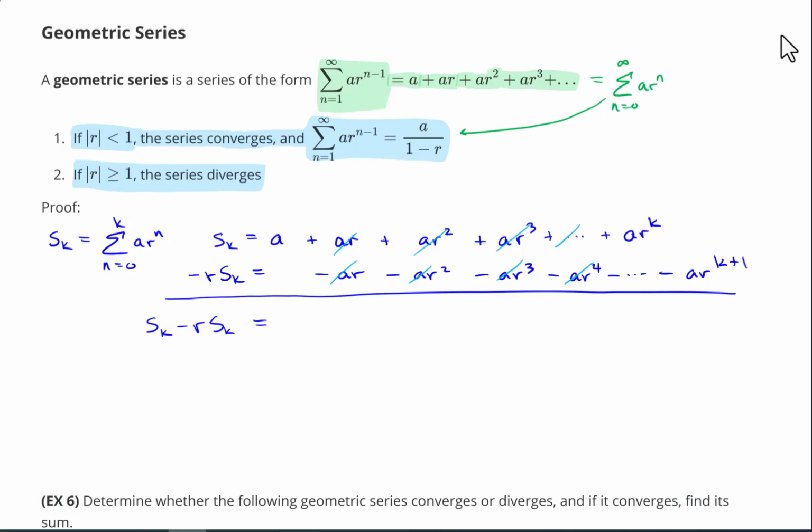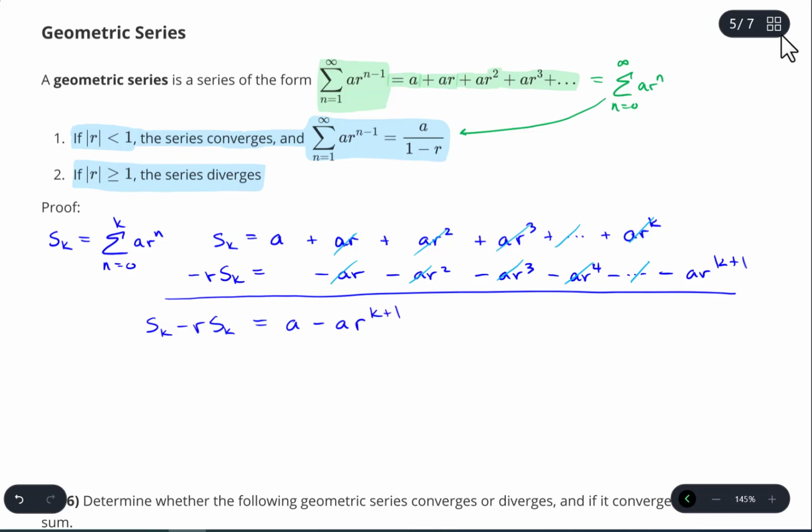And likewise, even though I haven't written it, there would be a term that would match down here somewhere, ar to the k. There wouldn't be a matching term to the minus ar to the k plus 1, however. So the sum of all these would result in a minus a times r to the k plus 1 power.